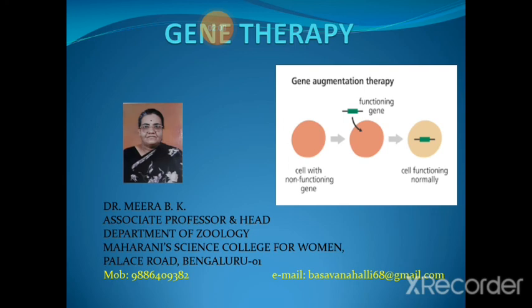And the bad gene can be corrected by replacing it with a functioning gene or good gene, which will be able to produce the functional protein. And once this gene therapy is done, the cell will start functioning normally. This is what exactly the gene therapy is.